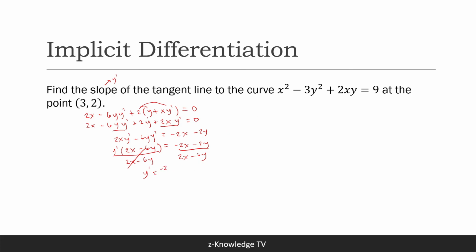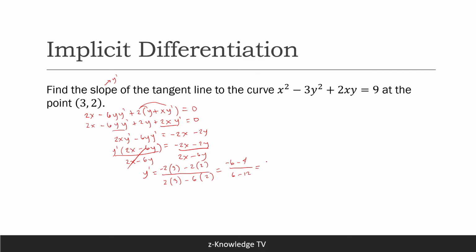Okay, so pwede natin i-substitute itong point natin na 3, 2. Minus 2 multiplied by yung x natin is 3. Minus 2, yung y natin is 2. Over 2 times yung x natin na 3. Minus 6, then yung y natin na 2. Okay, then minus 2 times 3 is negative 6. Minus 4. Over 6 minus 12.